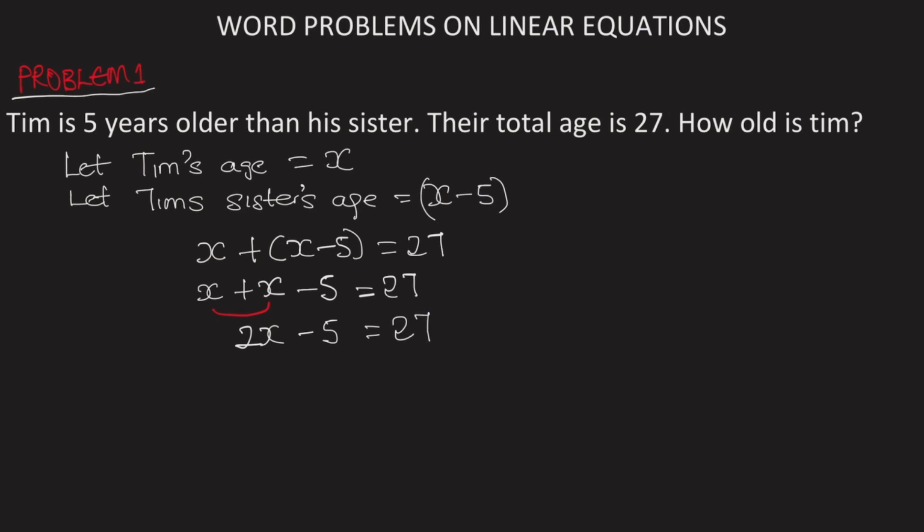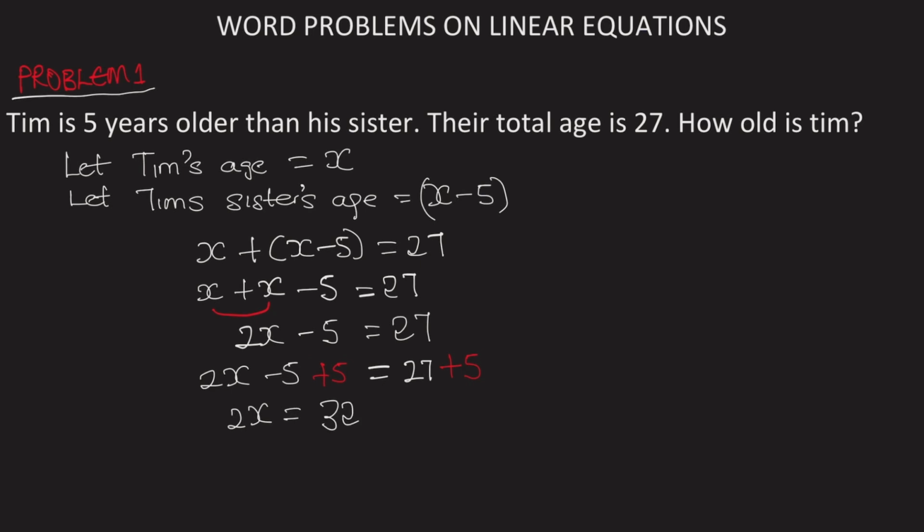Then we add 5 to both sides: 2x minus 5 plus 5 is equal to 27 plus 5. That leaves us with 2x is equal to 32.